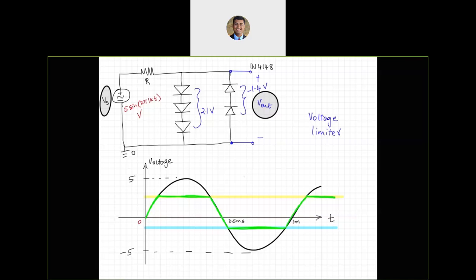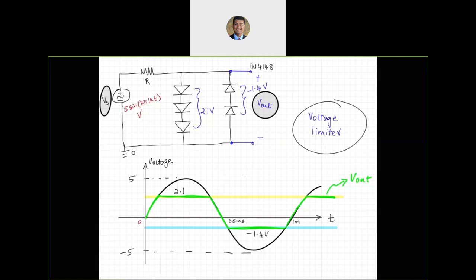So essentially, that is my V out. So I can say this guy is 2.1 volts and this is negative 1.4 volts. So essentially what I did was a voltage limiter application of diodes. And in one example, we have seen how we can get different limiting voltages on either side of the diode.